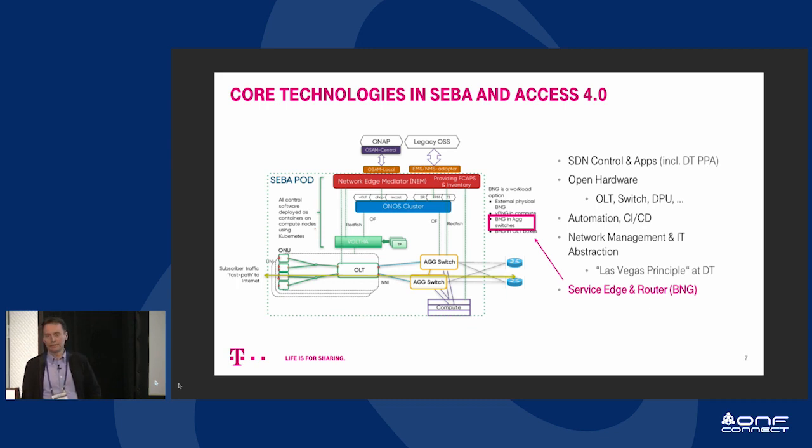And we have implemented our own way of steering traffic to multiple service edges to control the traffic. And that is basically an SDN application that we have developed in-house. We make massive use of open hardware, OLTs, switches, DPUs, automation, sure, network management, IT abstraction, the Las Vegas principle that Robert talked about, and the service edge. And this is what the rest of this talk is about.